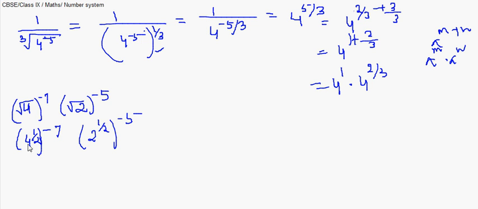This means this has to be reciprocated with my negative powers. So that would be 1 over 4 to the power 1 by 2, whole to the power 7, and this becomes, or I can give it a common denominator, so it is multiplied, so I write it like this, removing the negative powers.